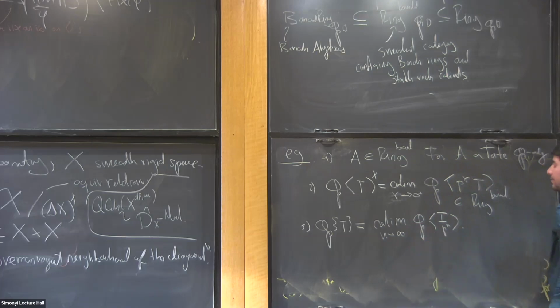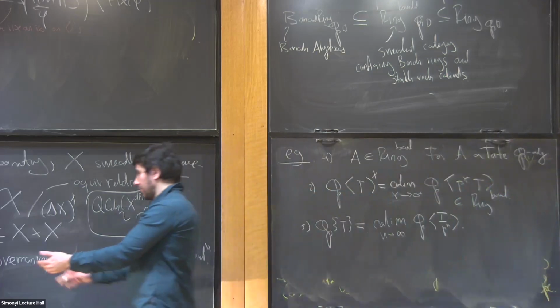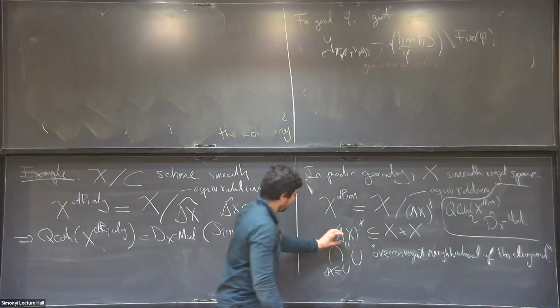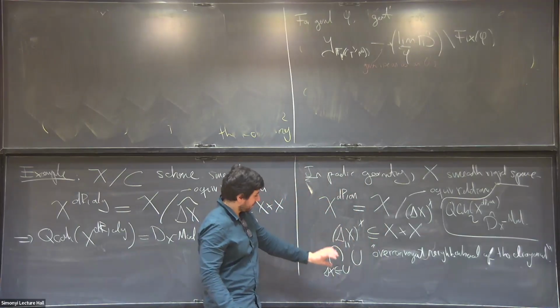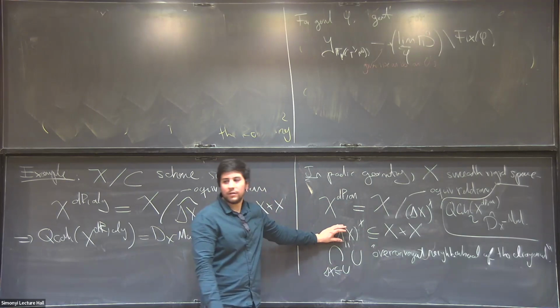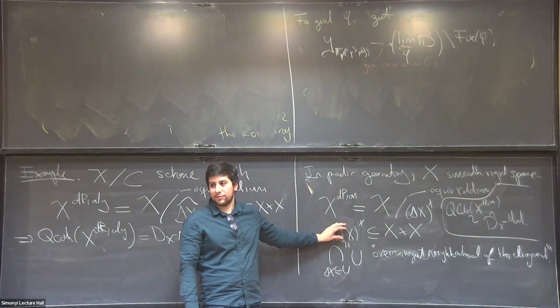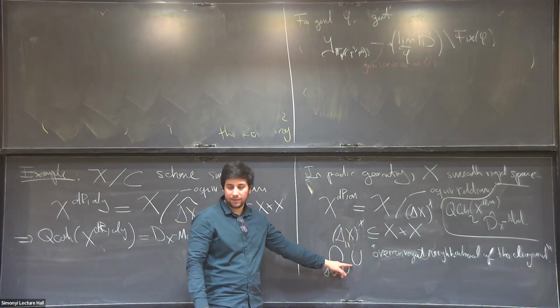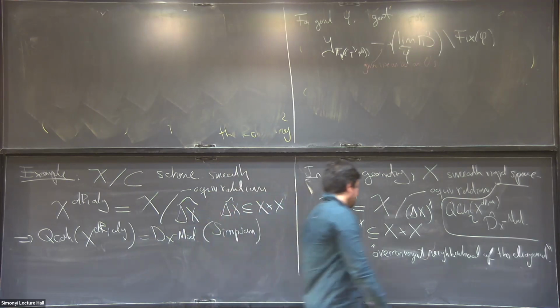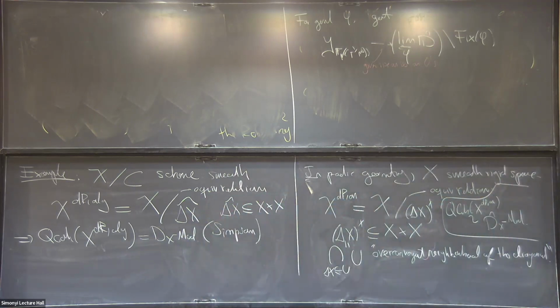In particular, whenever you have an affinoid, the functions that overconverge on an affinoid neighborhood are just colimits of Banach algebras, just by the way they are defined.